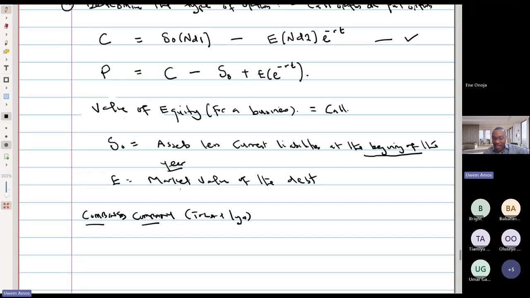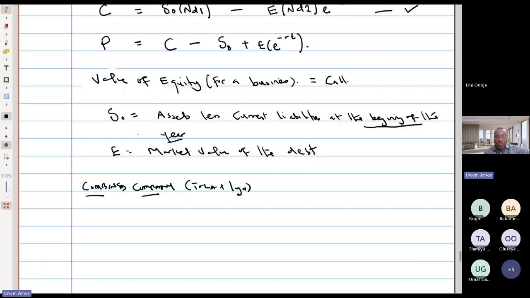So can we go back to the information we have? So don't get distracted by any other details in the question. Just focus solely on the information we need. And the first information we need is the value of the underlying item, which is the value of the business to the owner. And that is our total asset less current liabilities at the beginning of the year. We're looking at the combined entity.